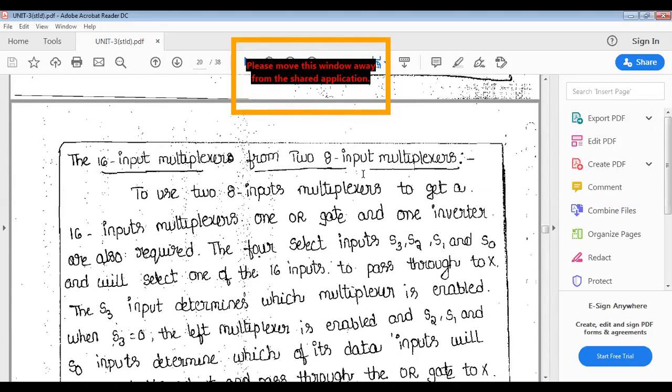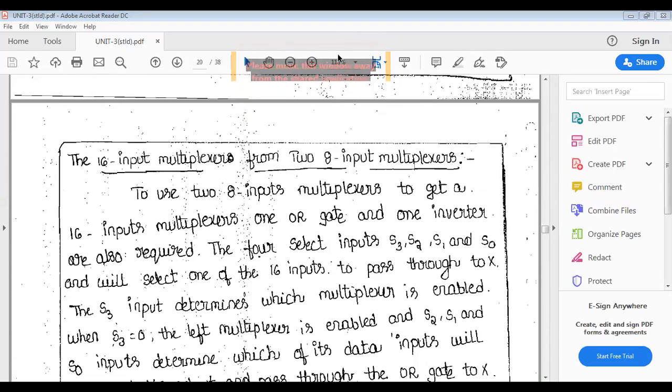Then the next one is, in a similar way, the 8 input multiplexer. We have seen the 2x1 multiplexer and the 4x1 multiplexer. Now I can draw the 8x1 multiplexer. This is the representation of the 8x1 MUX.